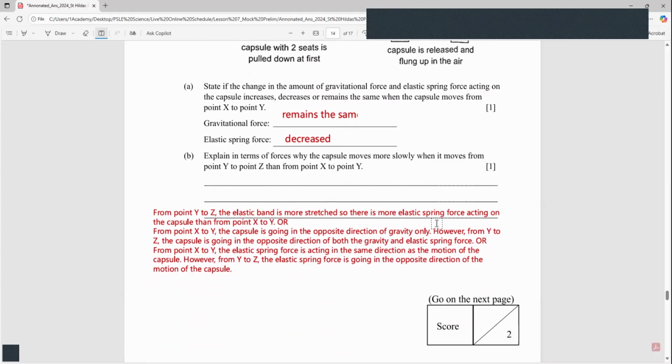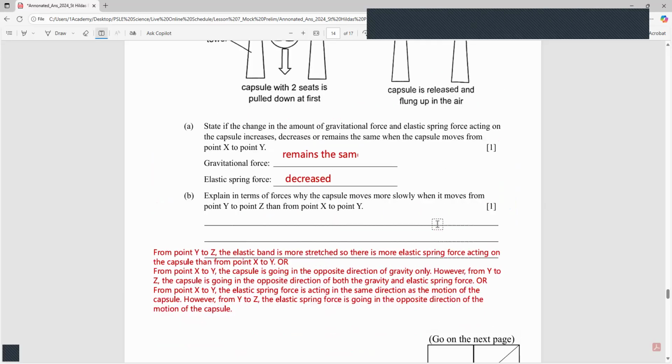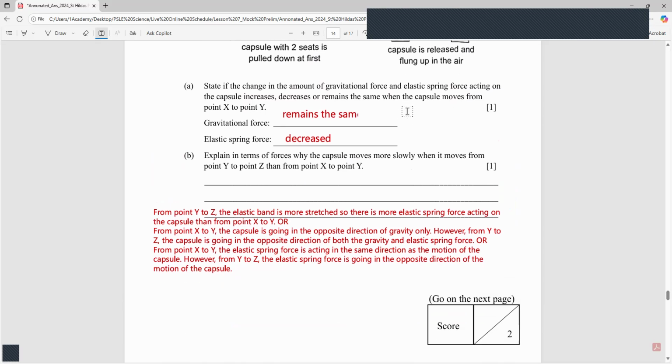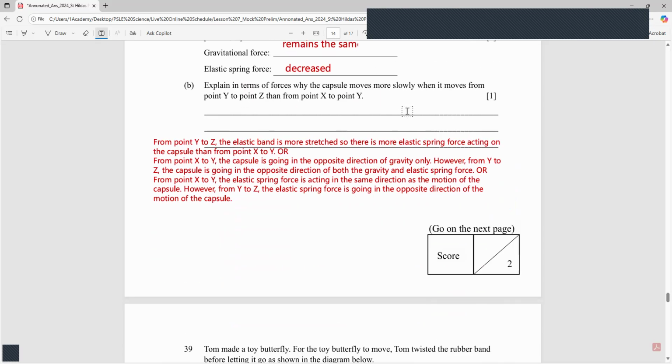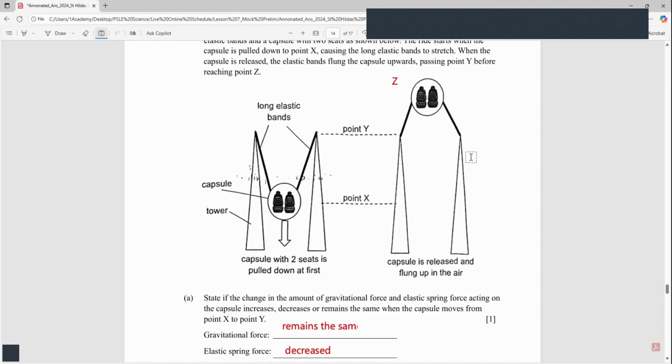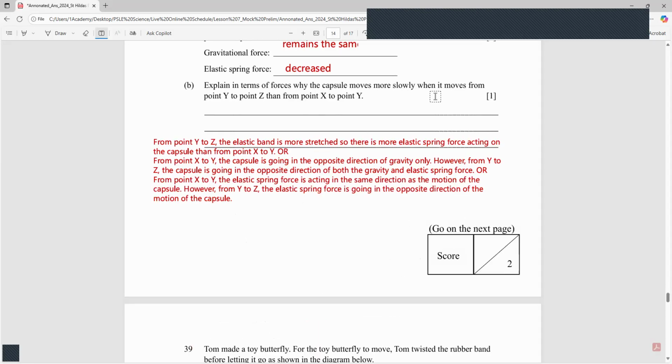Y to Z, it moves more slowly. From point Y, is the elastic band more stretched? It has more stress, so there is more elastic spring force.